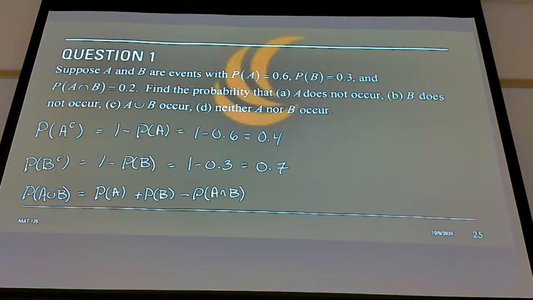So probability of A plus probability of B minus the probability that both occur. Oh, so you just put it together. Just 0.7.